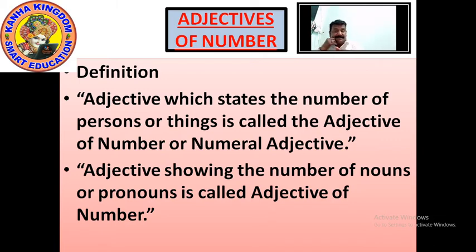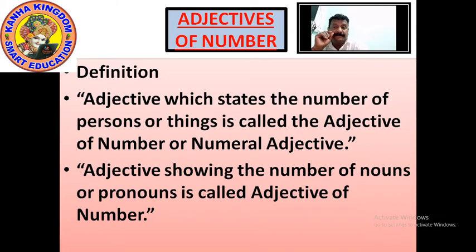What are things? 50 chairs, 10 tables. These are called numerals. Numbers. When you talk about numbers, numerals. So adjectives which state the number of persons or things are called the adjective of numbers or numeral adjective.